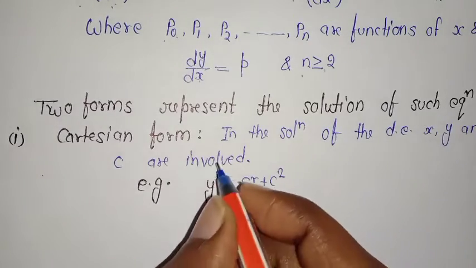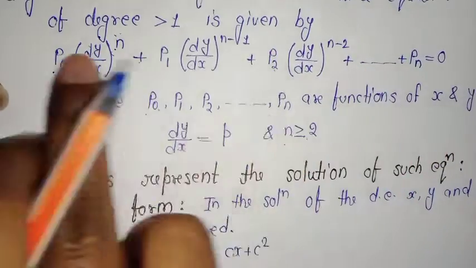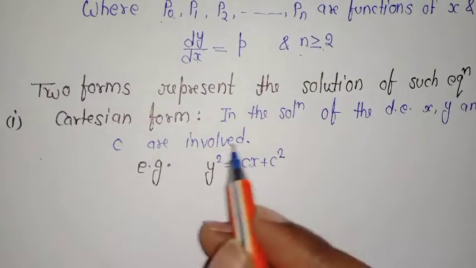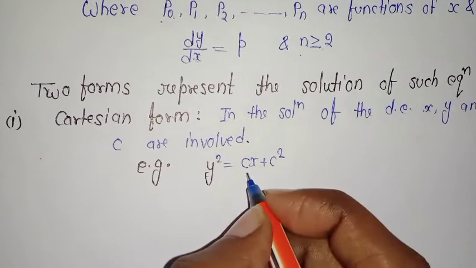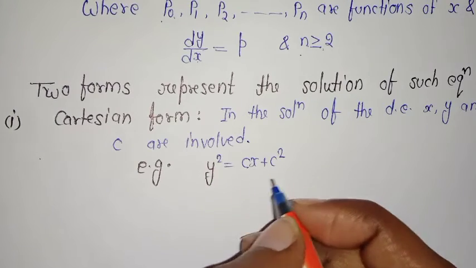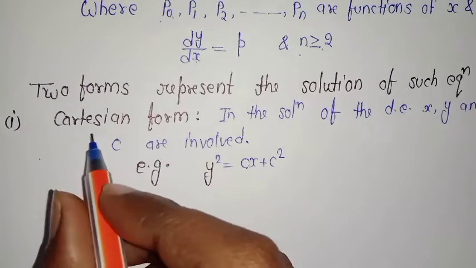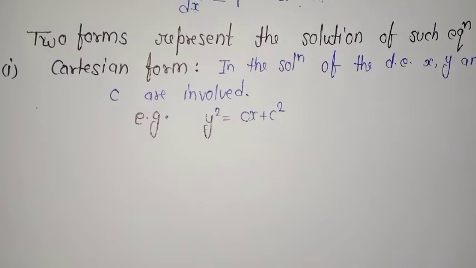Here you can see this is the solution of such a type of differential equation. You are given a differential equation, and after solving you get a solution of this form, in which only x, y, because they are Cartesian coordinates, and the constant c are involved. So if you get a solution of this kind, you can say that the solution is obtained in the Cartesian form.